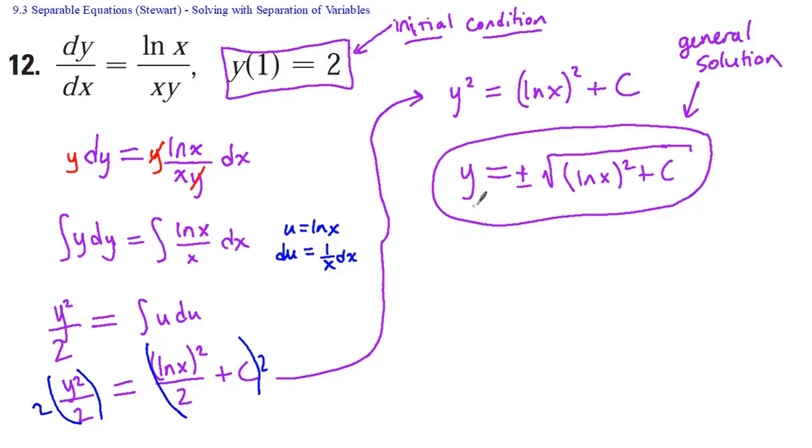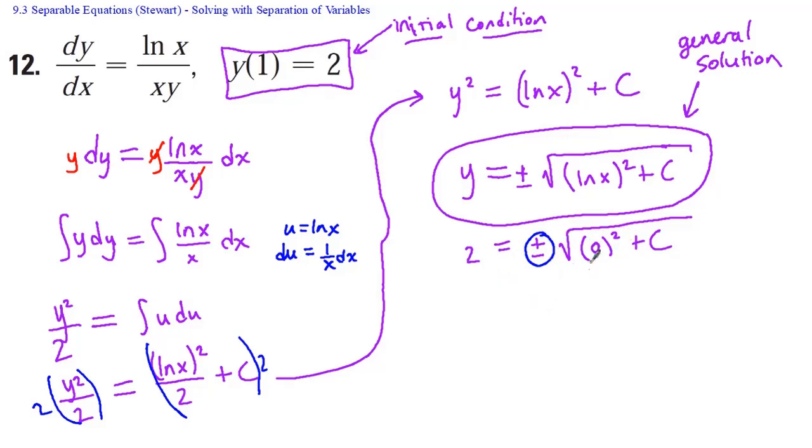All right, so I'm going to plug in 2 for y and 1 for x, and I'm going to get 2 equals plus or minus the natural log of 1, which is, well, that's 0, right, squared, plus c. And a couple things here. First of all, that plus or minus, I don't need it anymore.